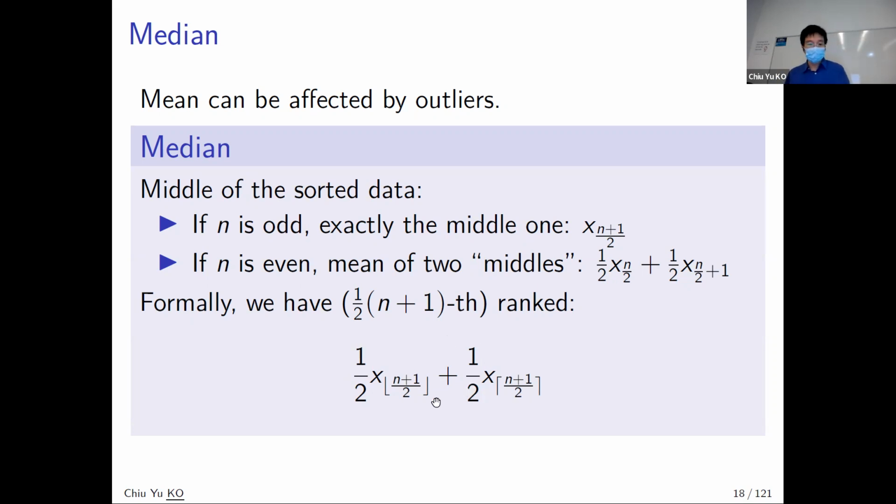Just to remind you, if n plus 1 over 2 is an integer, then when you apply floor or ceiling it has no impact. They're the same, so half of the same thing plus half the same thing is what it's supposed to be. But when it's not an integer, you take the integer part, so that's why you have this, and you take the integer part plus 1, you get this guy.